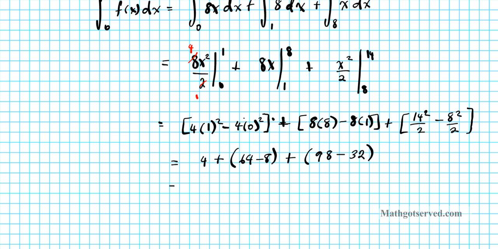Alright, so it becomes 4 plus 64 minus 8 is 56, and 98 minus 32 is 66. Add everything together, you get 126. Okay, so there goes your final answer.